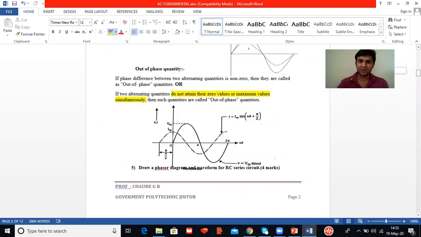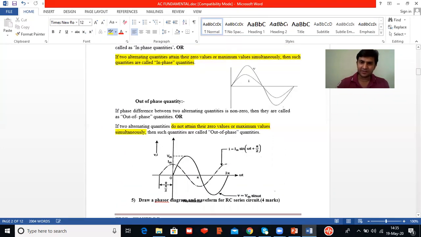In in-phase alternating quantities, both the current and voltage attain their minimum, zero or maximum value simultaneously. And if these two do not attain their zero or maximum values simultaneously, then we call them out-of-phase alternating quantities.